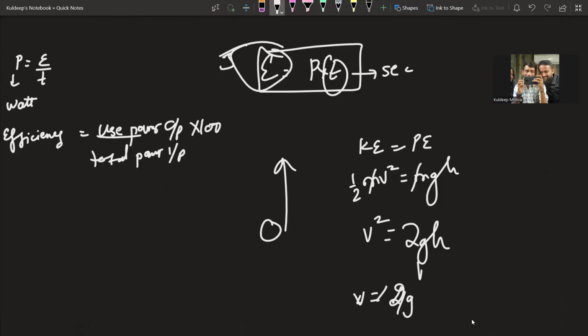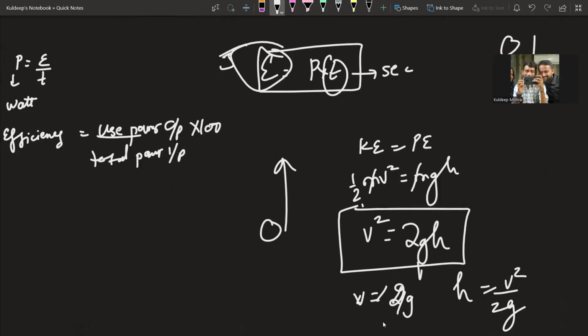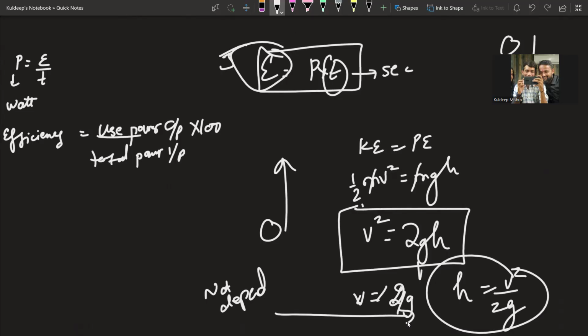Sorry, the height that it will reach will be v square upon 2g. Similarly, note this is independent of mass, correct? This is not dependent on mass. So as long as the velocity is same, it doesn't matter if it's a heavier object or a lighter object.